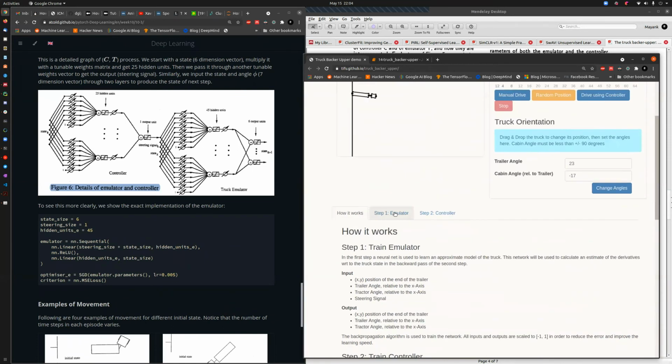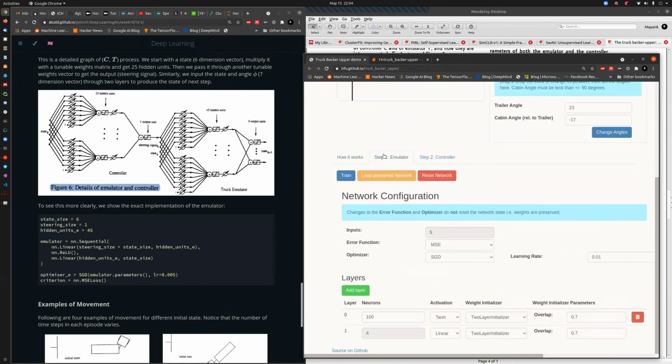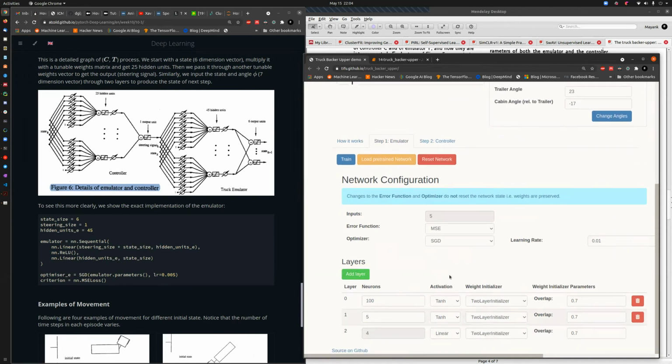Then if we look at step one of training an emulator, we can add layers too. In his description, he says, okay, once you train the emulator, then it's kind of frozen. You just use it.